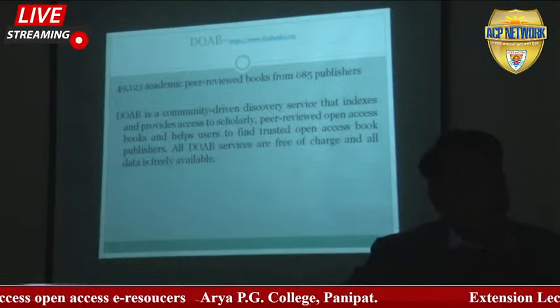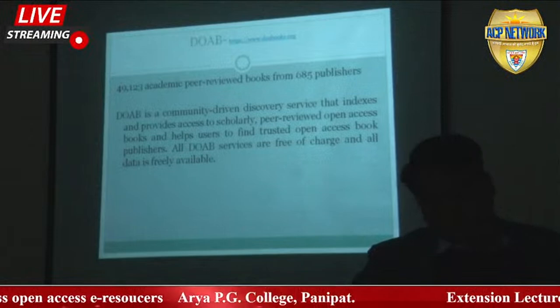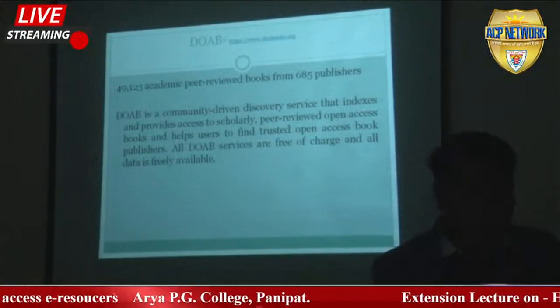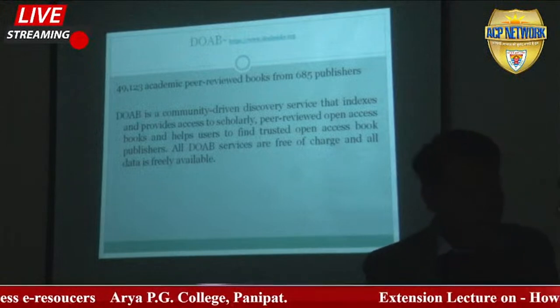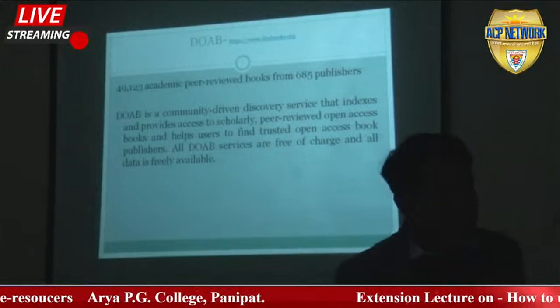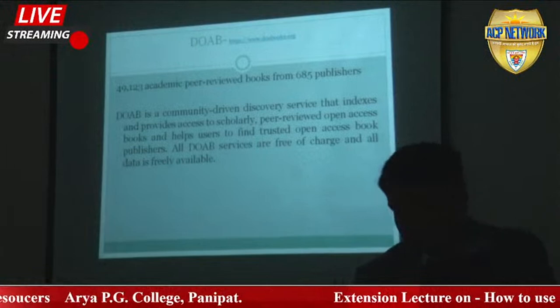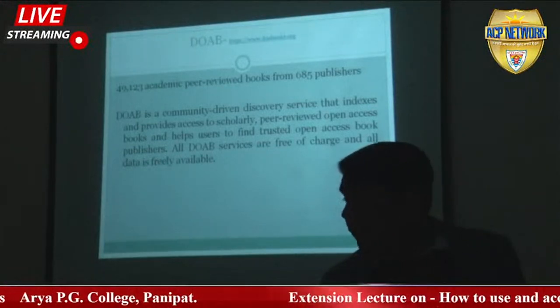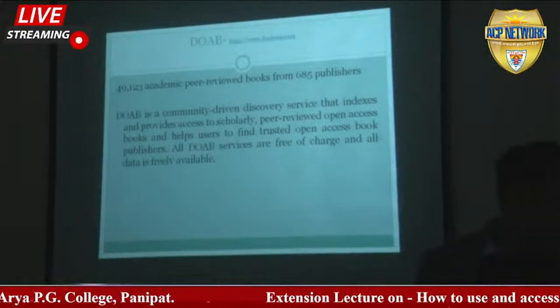Sometimes students complain during the pandemic, sir, we have no books, how can we study at home. So as students and as faculty members, we should know about this, so that we can share this information in the WhatsApp groups of the students, so that they can get the benefit regarding different aspects.